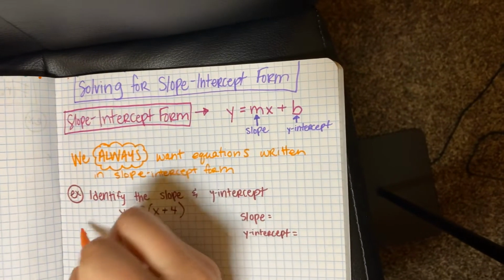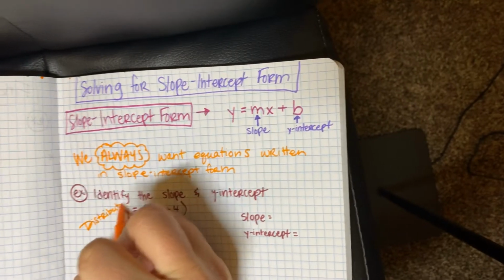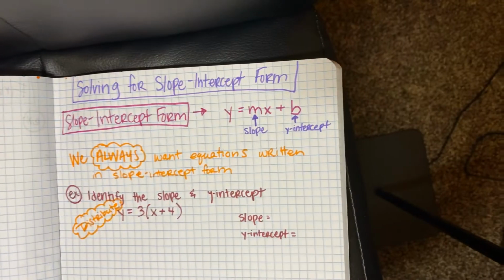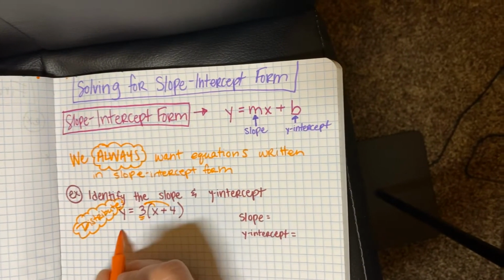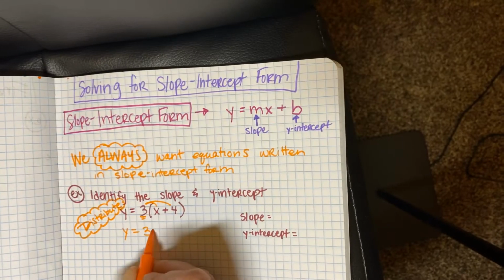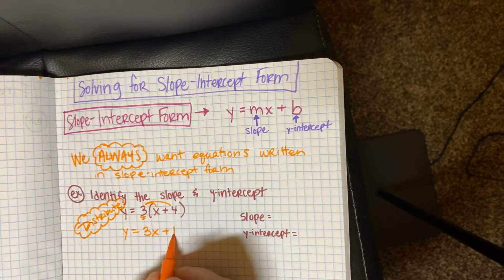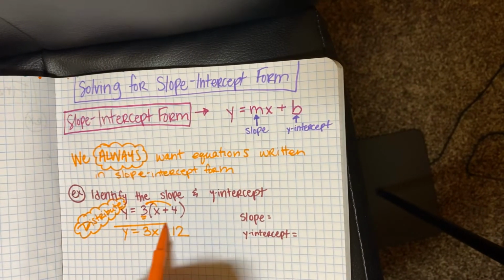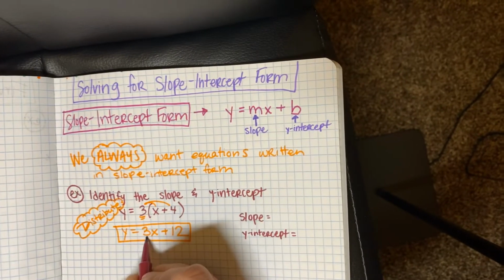So in order to do that, you have to distribute. So when we distribute this 3, that'll be y equals 3x. 3 times x is 3x. 3 times 4 is 12. Now that is in slope-intercept form. We can tell it's in slope-intercept form.